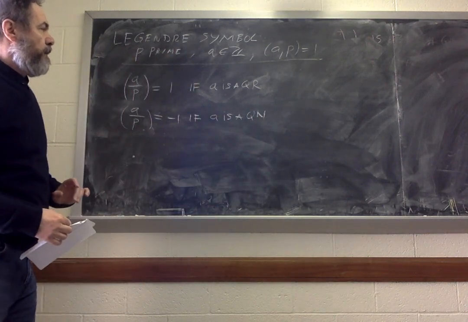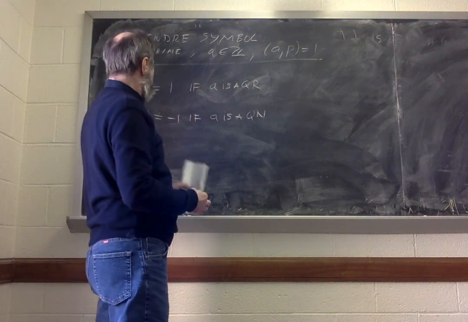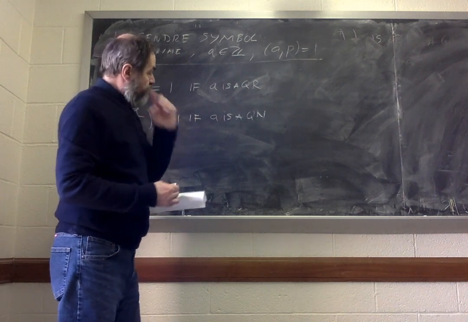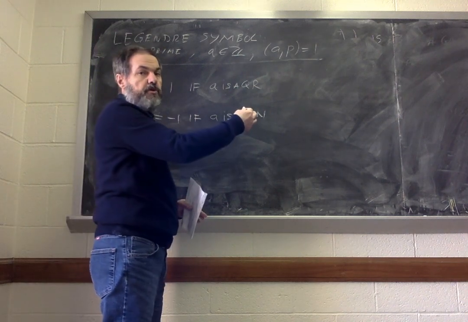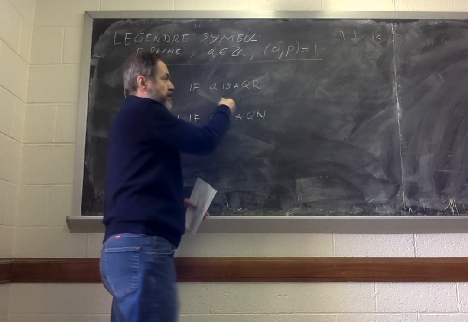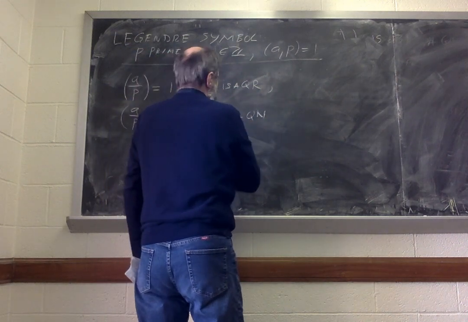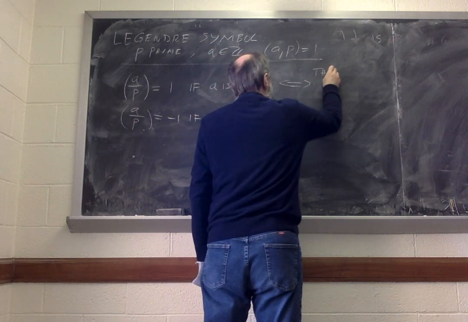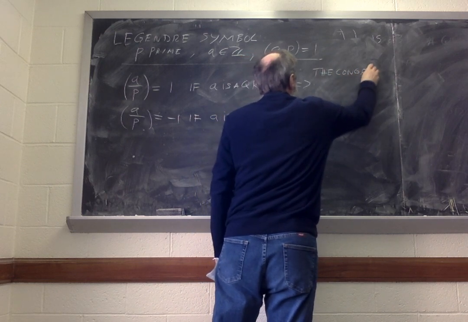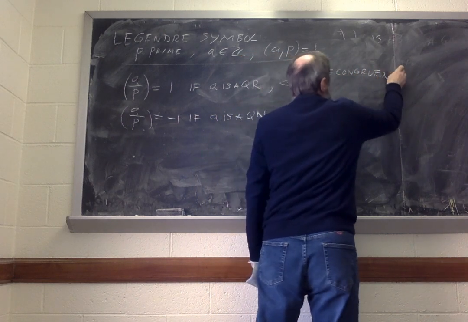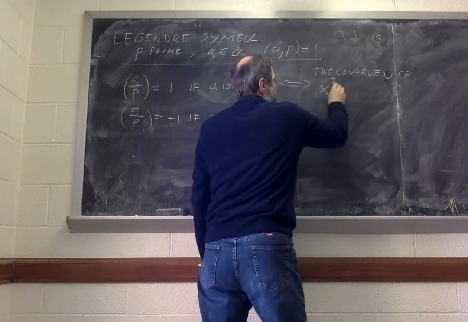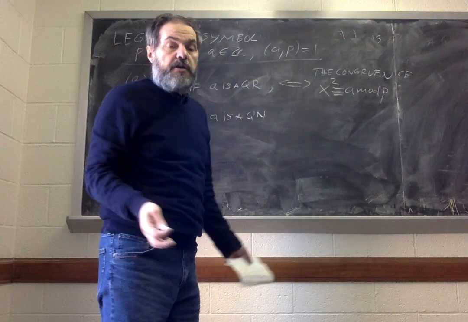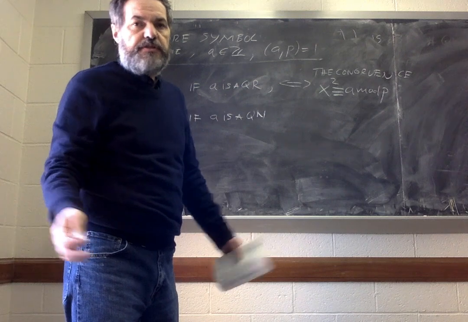It's very simple. So in other words, the Legendre symbol is 1 if there is a b whose square is congruent to a. This is also equivalent to saying that the congruence x squared congruent to a mod p has solutions.